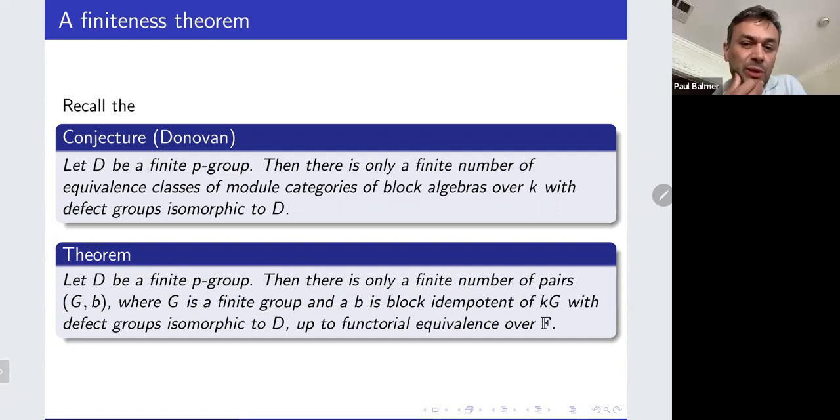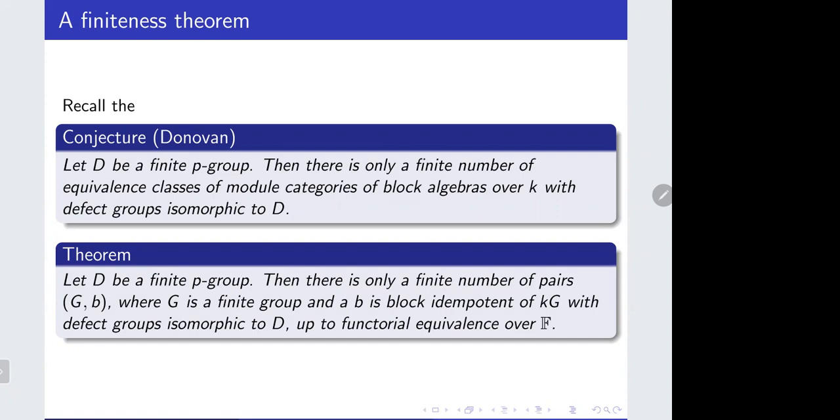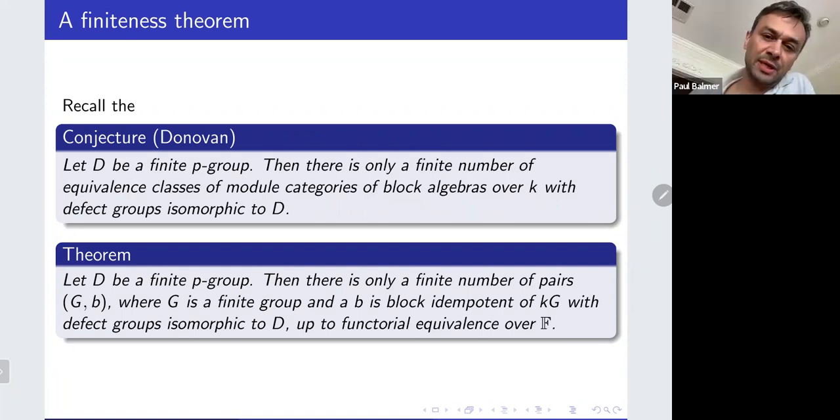So even with integral coefficients? Even with the integral coefficients, yes. Because these elements sigma and tau are in general just linear combinations of bimodules. So how can you build a functor between categories of modules with a virtual module? It's because you take a K0 at the given stage.